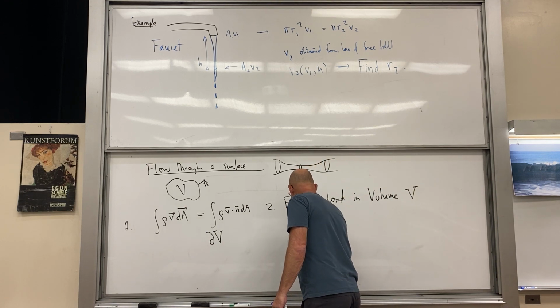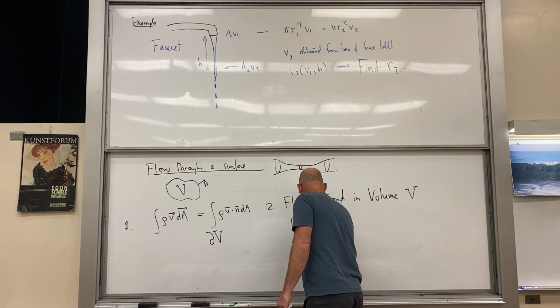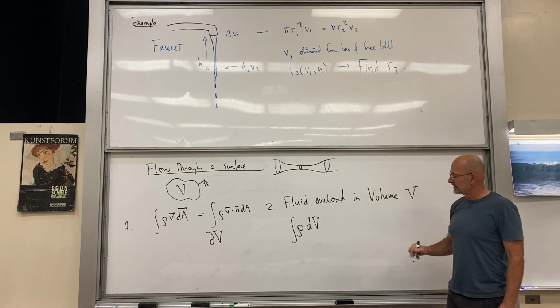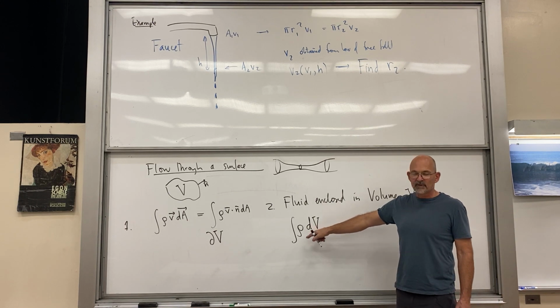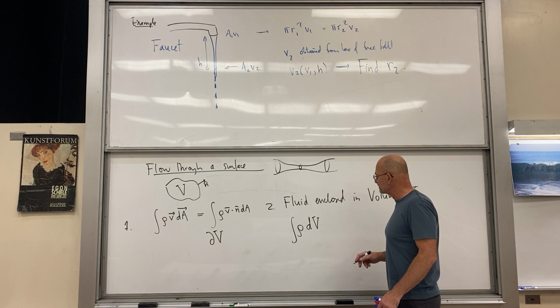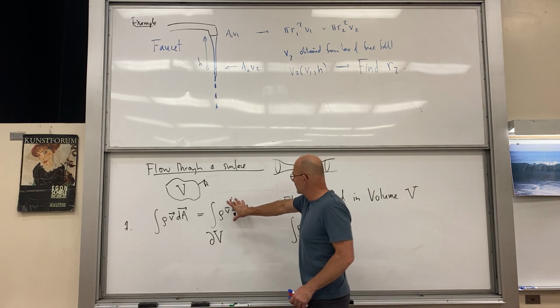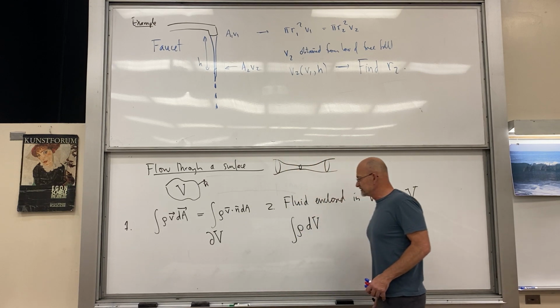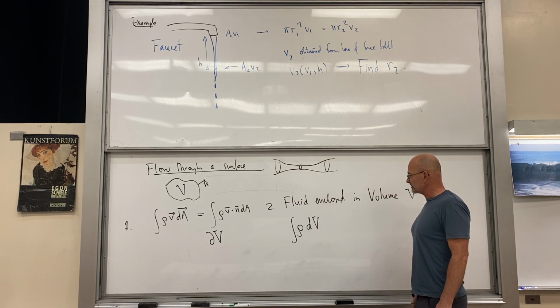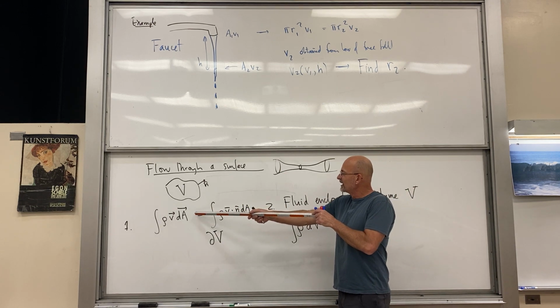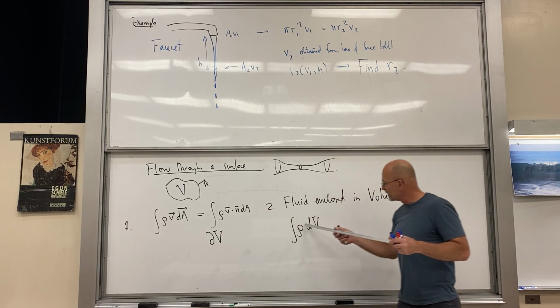That would be the integral of rho dV. Mass per volume times d volume, so that's the mass enclosed within the volume. And that's the flow through the surface. So this was, as we saw before in our dimensional analysis, mass per second, and this here is just a mass.